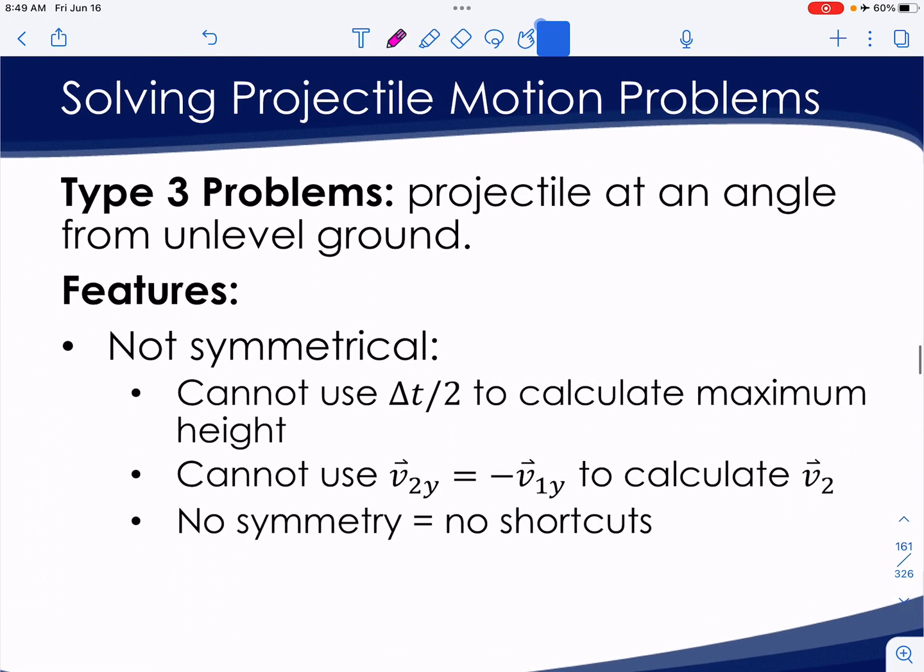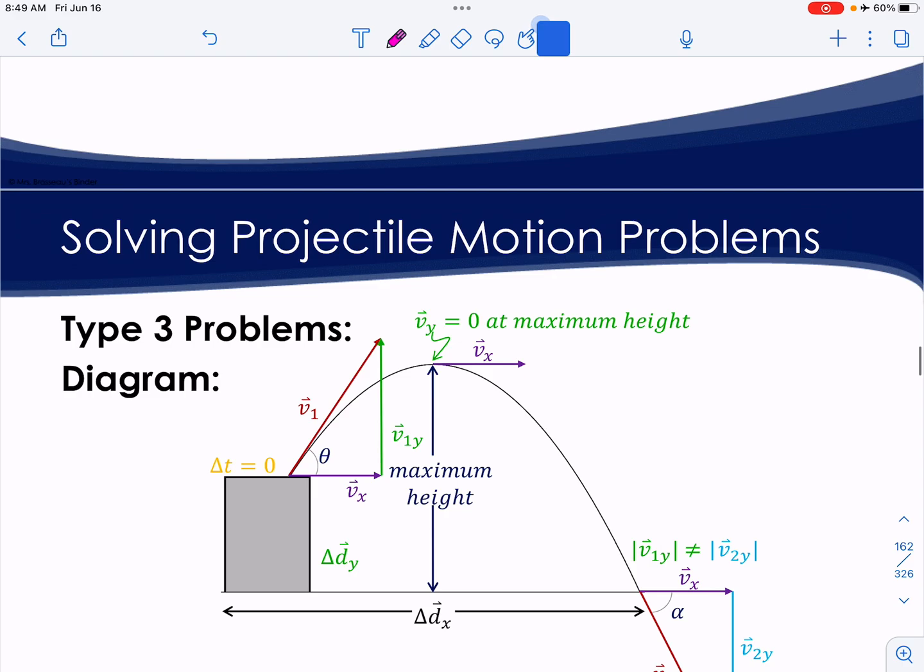Okay, and now we're going to the type 3 problems. Projectile at an angle from unlevel ground. Okay, so now this is probably the most complicated one because we're launching with both an X and Y component. So you're launching at an angle and it ends up at a lower, or it could be higher, level than it starts.